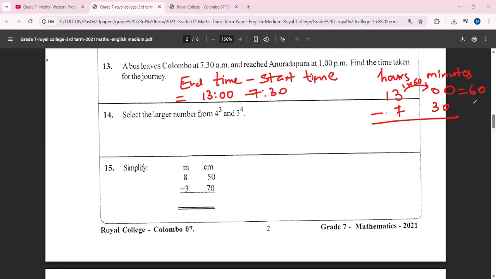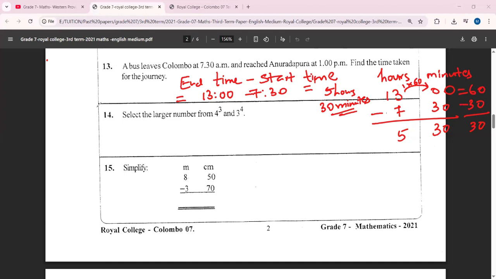Then 60 minus 30 is equal to 30. Then you write 30 here. And now this 12 minus 7 is 5. So the time taken is 5 hours and 30 minutes. So you can write this answer.